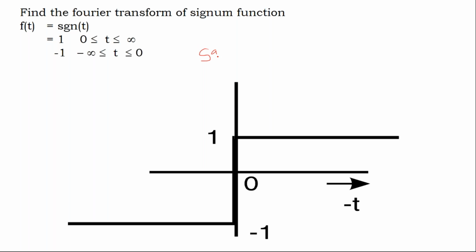This we already solved in the last class. Fourier transform of sgn of t, tell me the answer. 2 by j omega. Yeah, 2 by j omega. Yes, you are right.